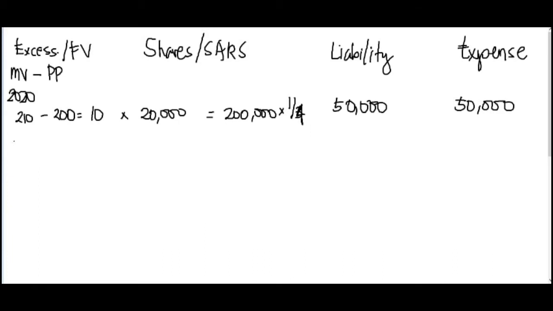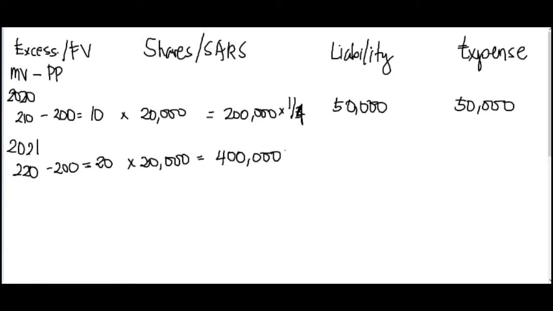So, next illustration ba naman? Okay? So, next. 2021. Okay? 2021, again, market value, sabi sa given, you have 220 minus 200, your fair value is actually 20 pesos, times yung SARs na 20,000 is equal to 400,000. So, then, do the magic, times 2 over 4.